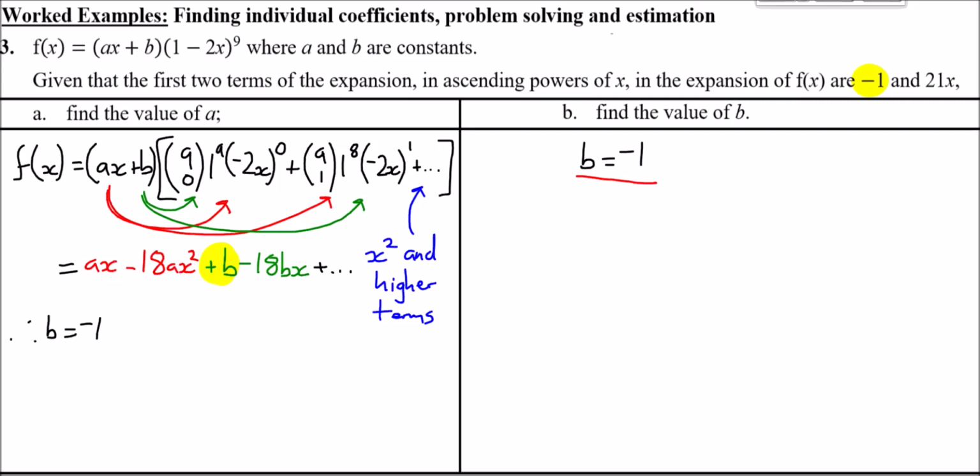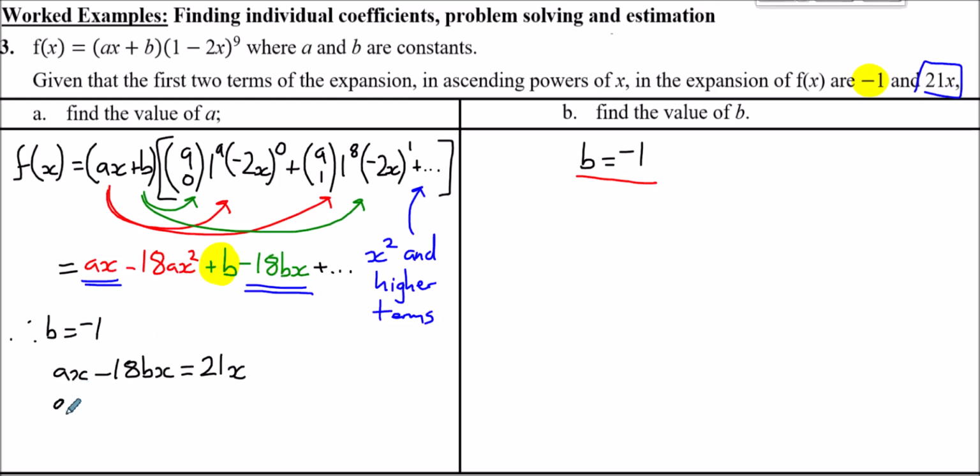And so the terms involving the x's, we've got here and here. And so ax - 18bx, in other words, the terms involving x, must equate to 21x. Only now we know what b is.